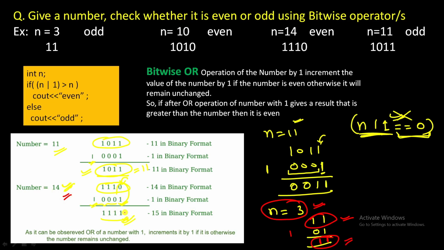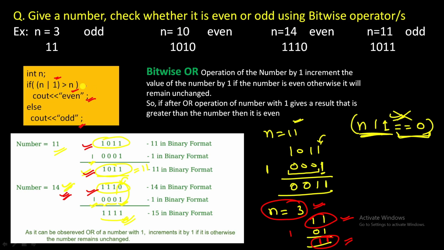So this is the observation: in case of an even number, my final number will be greater than my initial number, but in case of an odd number, my resultant number and the initial number will be the same. The same program is written here: n OR 1, and if I am getting a number greater than my initial number, then my number is even, otherwise it is odd.